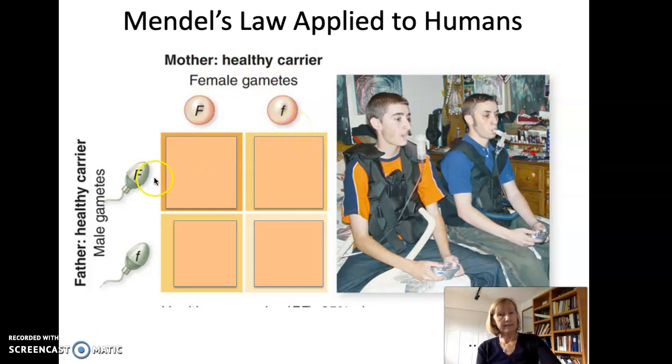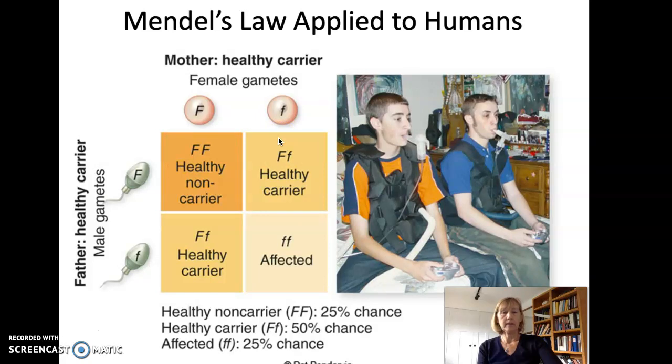The dad, let's say, could be a healthy carrier. So neither of them had the disease. What is the chance of the offspring having the disease? So when we fill the Punnett Square out, we see that they have 25% chance of inheriting that disease because the parents were heterozygous. I'm going to stop it there, and I'll have more on the same chapter.